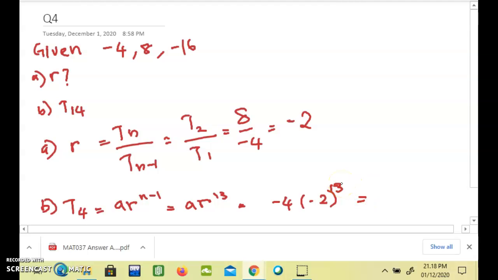Once you use a calculator, you can get the answer of 16,384. Positive 16,384. So this is your answer. So in this video I have discussed two questions on how to solve a geometric sequence.